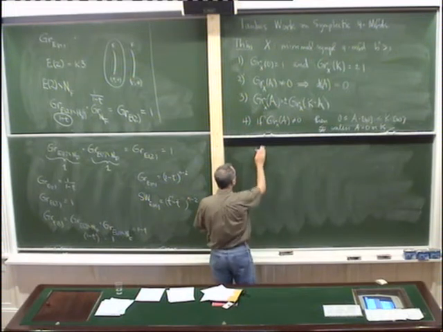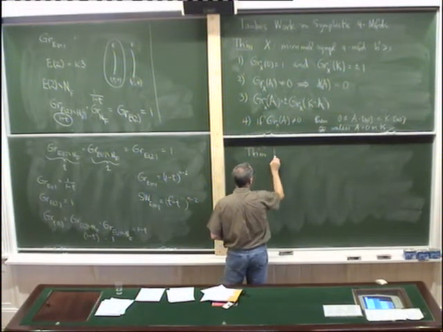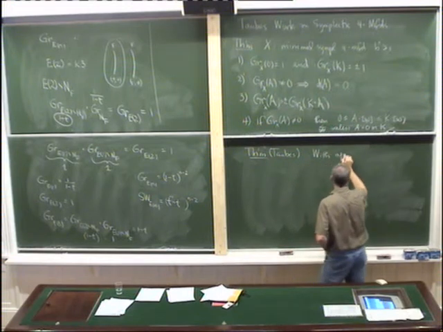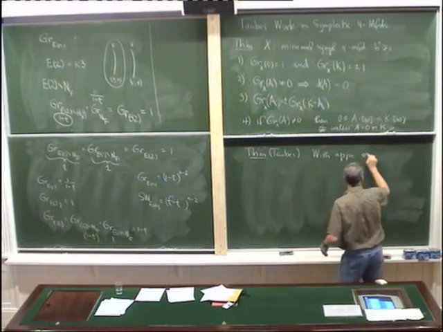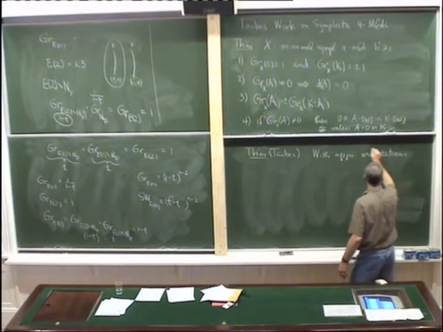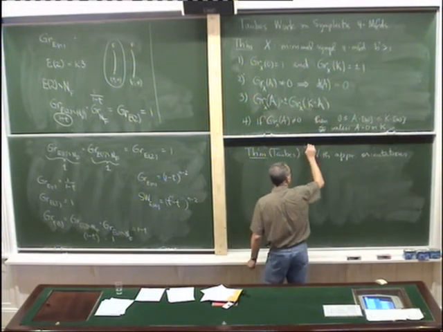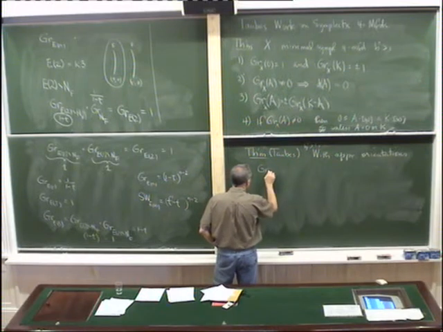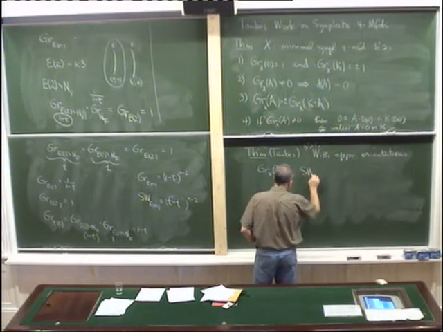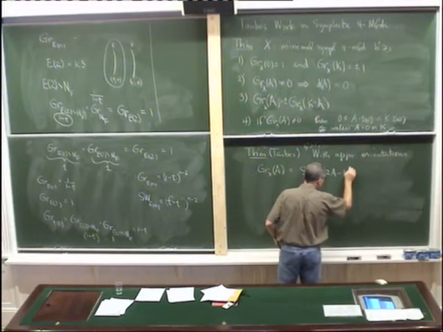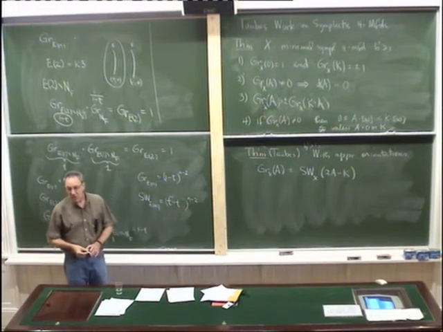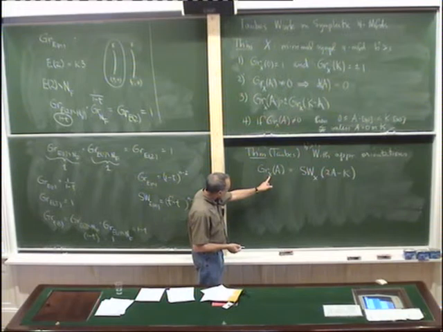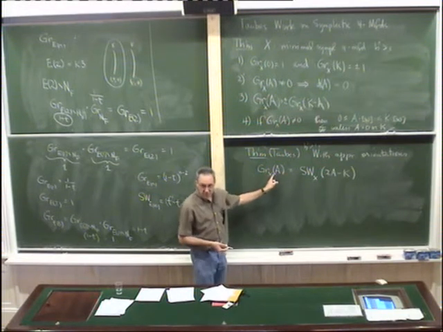This is the theorem of Taubes that says, with appropriate orientations, and again B plus greater than 1, the Gromov invariant of A is actually equal to the Seiberg-Witten invariant of 2A minus K. So we, by convention, define the Gromov invariant of 0 to be 1.